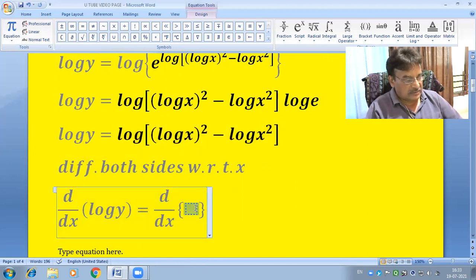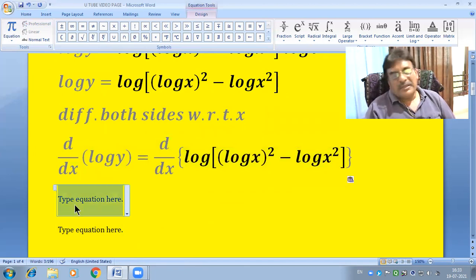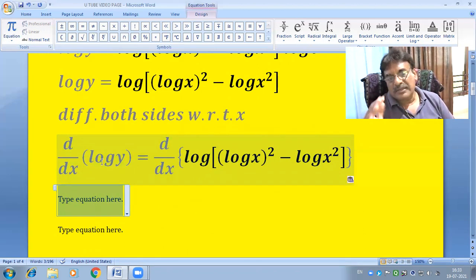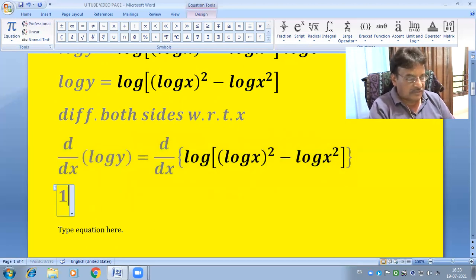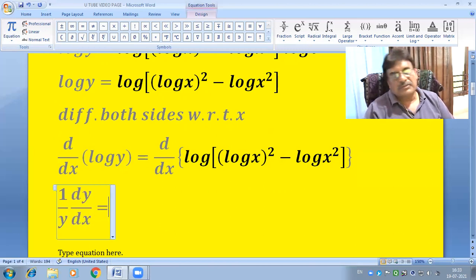So write this here. Now, the formula d/dx of log f(x) is 1 by f(x) into f dash of x. Similarly here 1 by y into dy by dx equals.